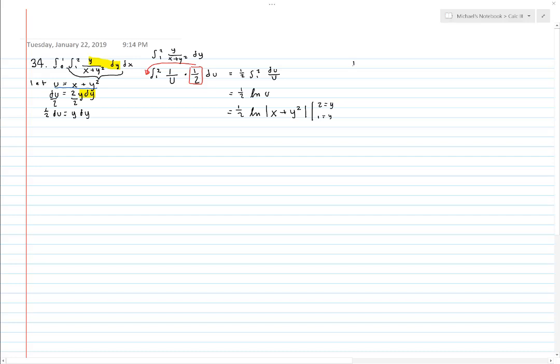It's going to be 1/2, and we're going to have ln of x, which is a constant, plus the upper limit, 2 squared, is 4. And then this is going to be minus ln x, the constant, plus 1 squared, which is just going to be 1.